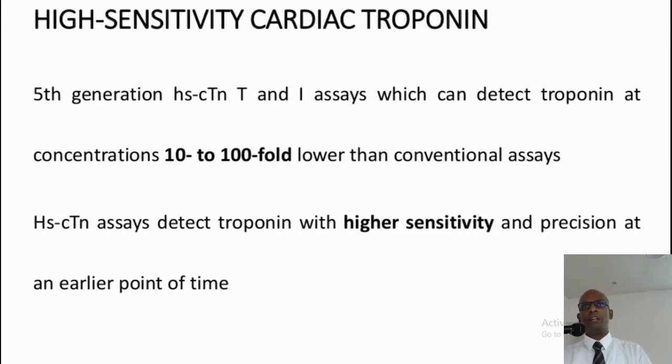There is apoptosis, damage and minimal events going on. Due to that, a minimal amount of troponin will be there in the blood. Conventional troponin will not identify that minimal amount, but high sensitive troponin can.